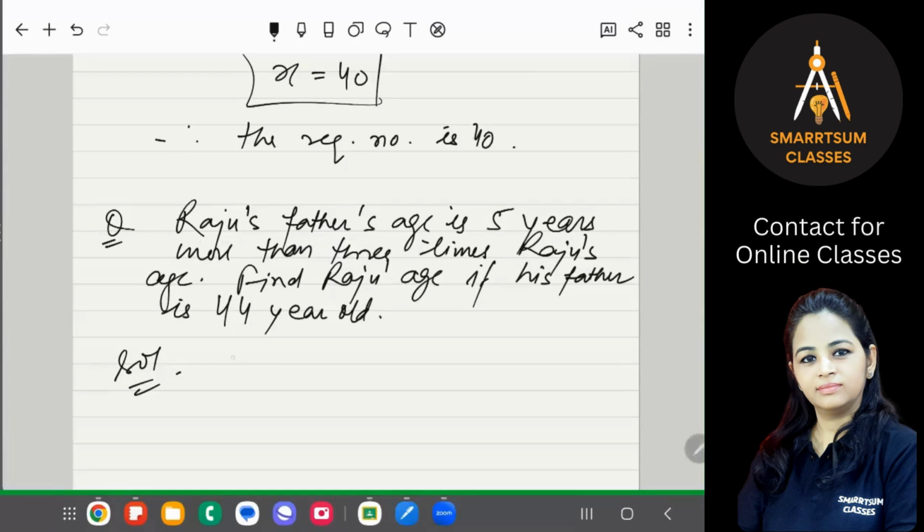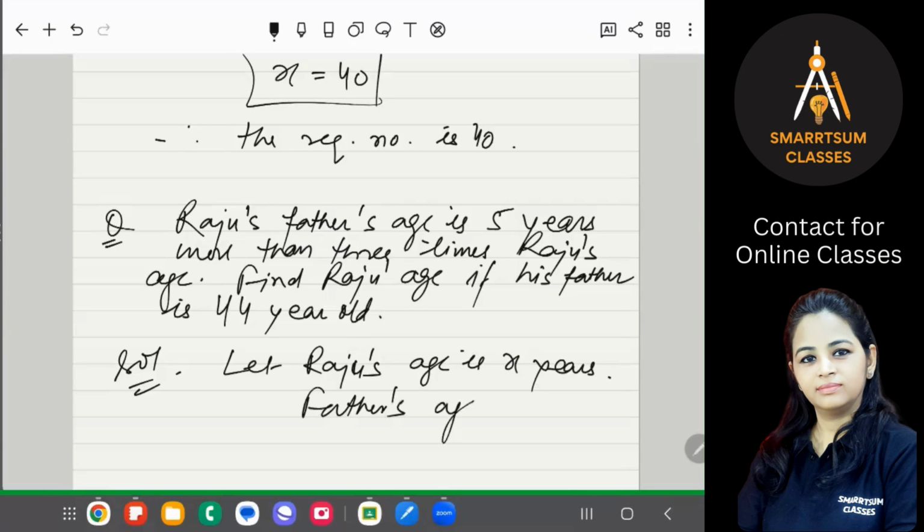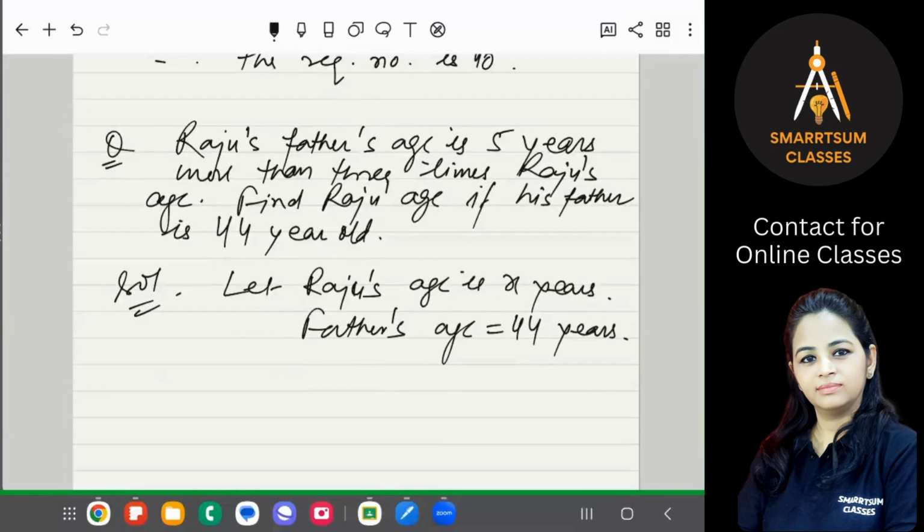So first assume that Raju's age is x years. Now father's age is given in years, that is 44. And there is one more relation given between Raju's age and father's age. And what is the relation? The relation given here is that his father's age is 5 years more than 3 times Raju's age.